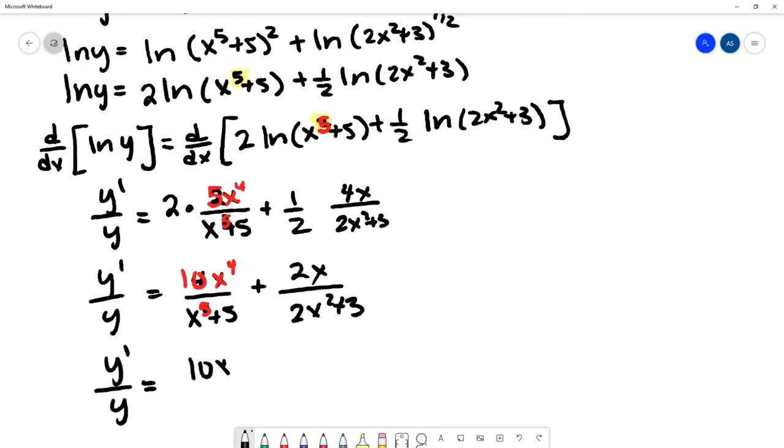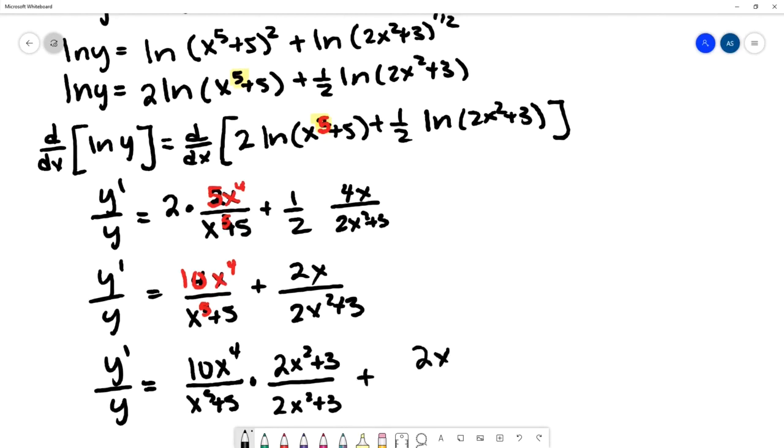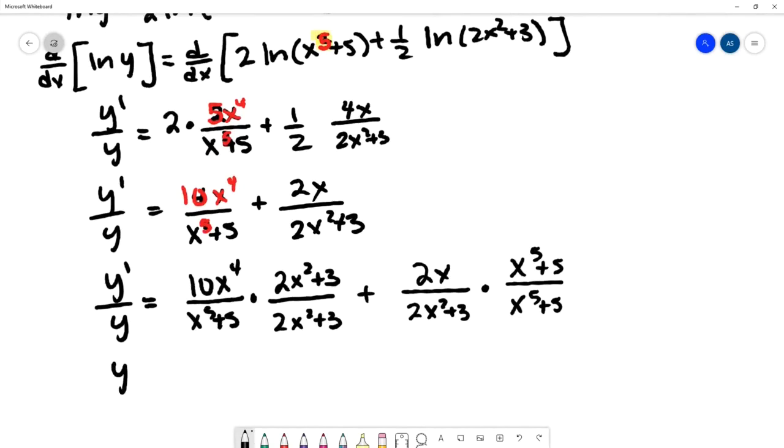So to do that, I would get 10x to the 4th over x to the 5th plus 5, and I'm going to multiply that by 2x squared plus 3 over 2x squared plus 3. Then on the second fraction, I have 2x over 2x squared plus 3, and I'll multiply that by x to the 5th plus 5 over x to the 5th plus 5. This is going to allow me to get a common denominator.